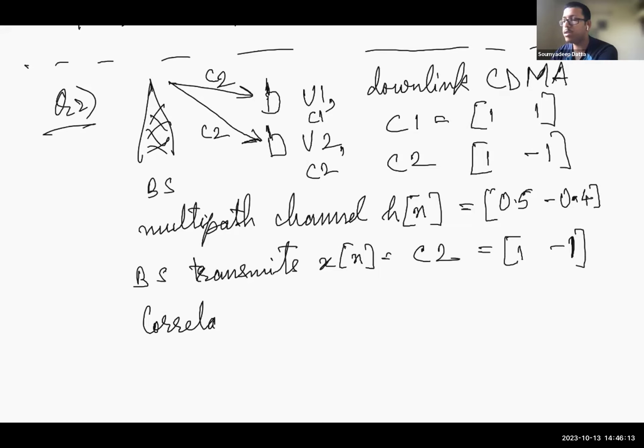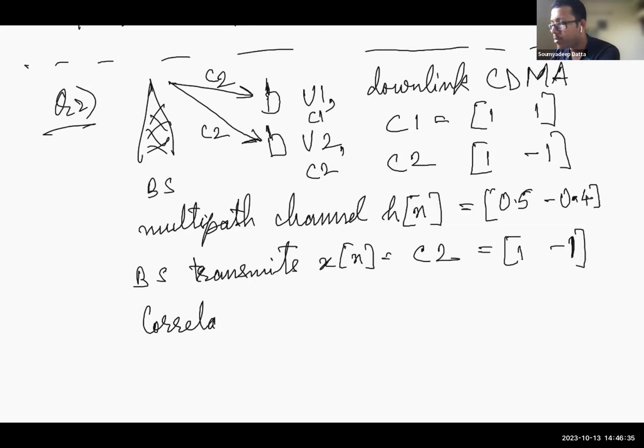You have this one term, x[0] times h[0], that is 1 into 0.5. So the answer is 0.5. This is just basic digital convolution, like the discrete Fourier transform kind of thing.